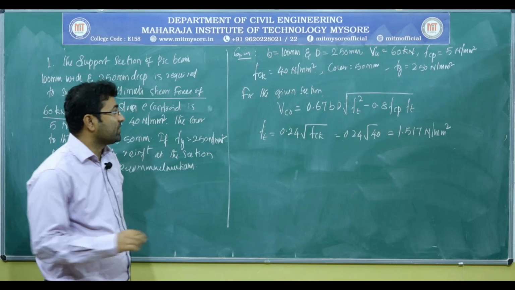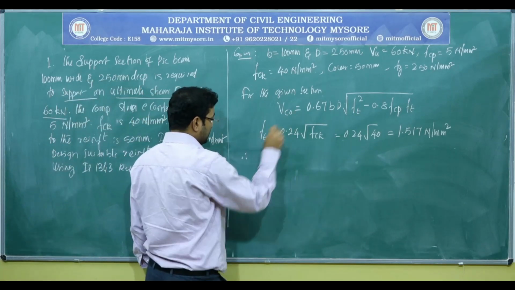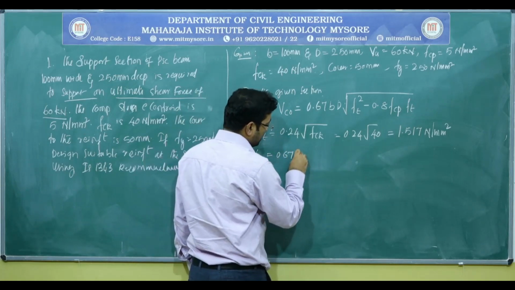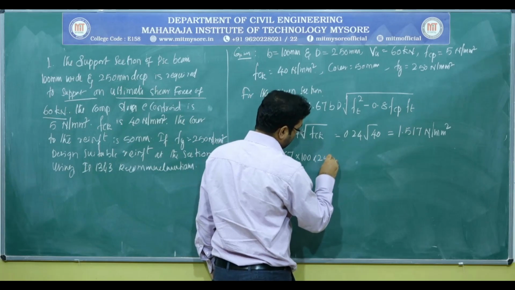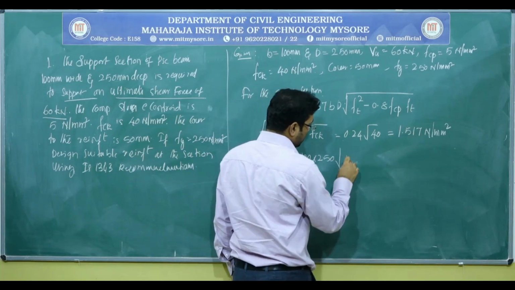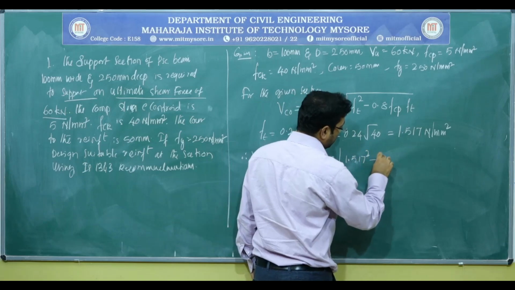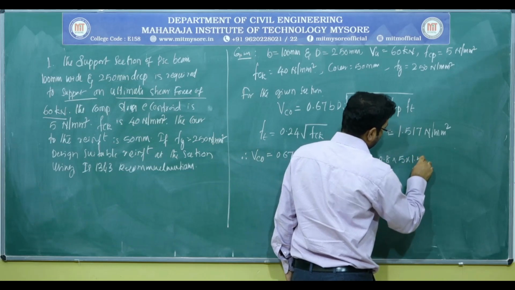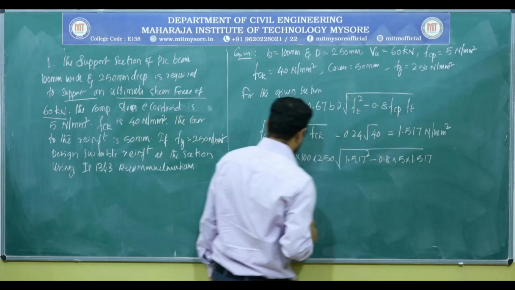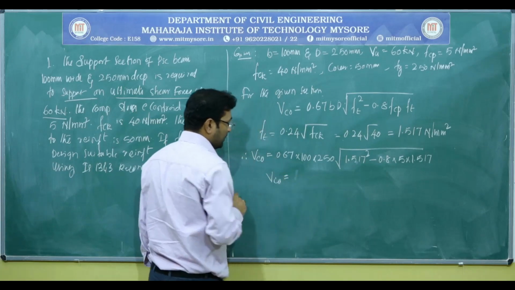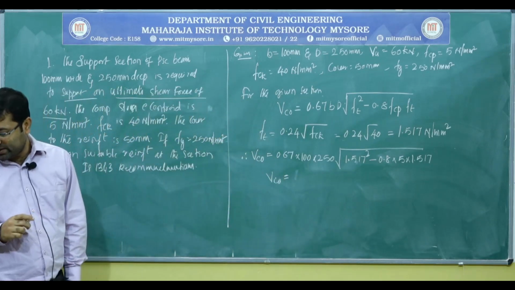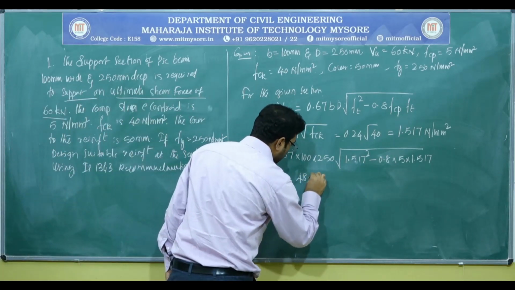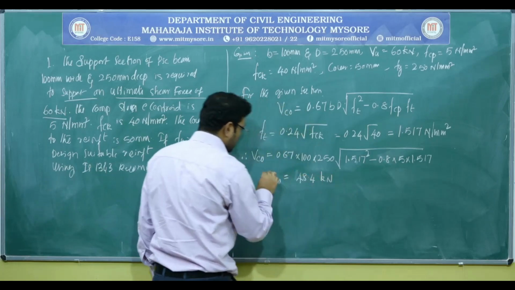Now, if I substitute all these things here, VCO is equal to 0.67 into 100 into 250 under root of 1.517 square minus 0.8 into 5 into 1.517. This gives me VCO, that is the ultimate shear resistance capacity of the section, as 48.4 kilonewtons.